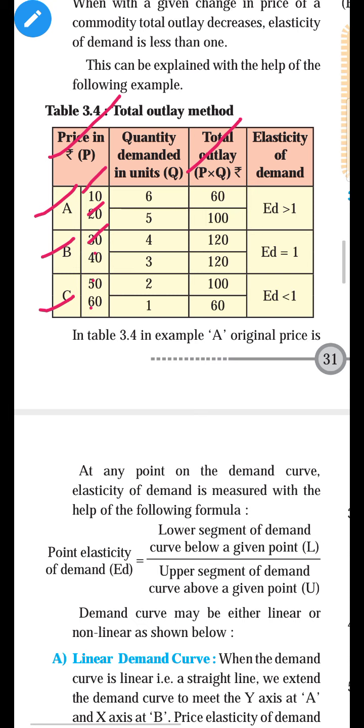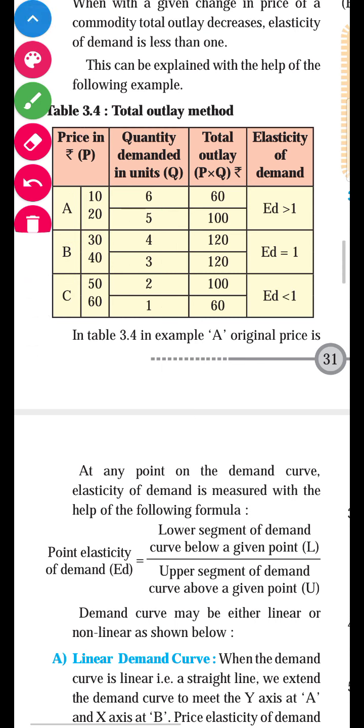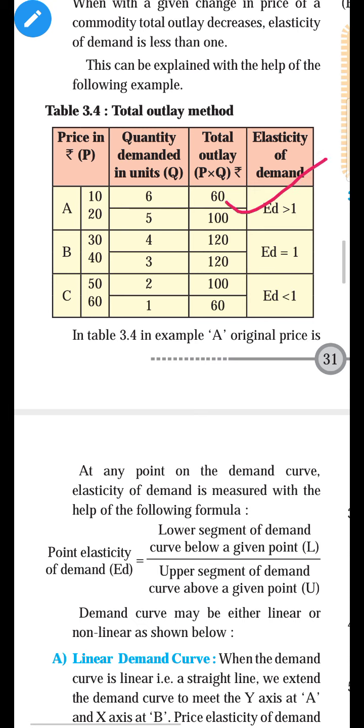In the second column the quantity demanded is given. See, these numbers are quantity demanded. So how much change in price brings how much change in demand? If the price changes less and demand changes more, obviously it is relatively elastic demand. If price and demand change by the same percentage, it is unitary elastic demand.